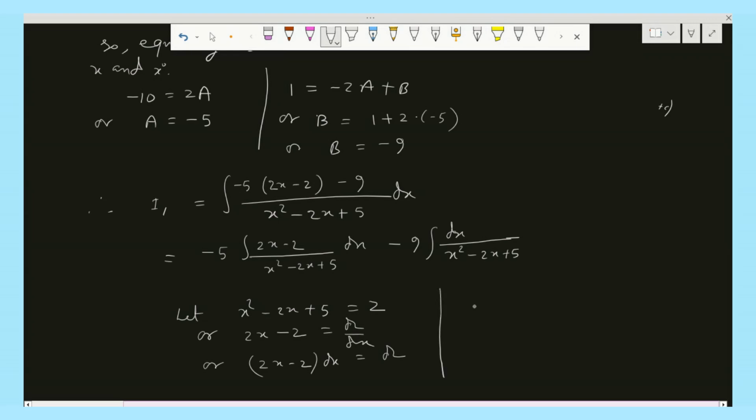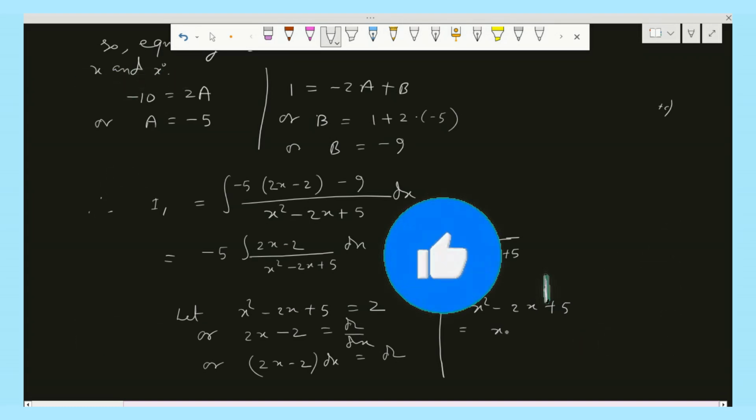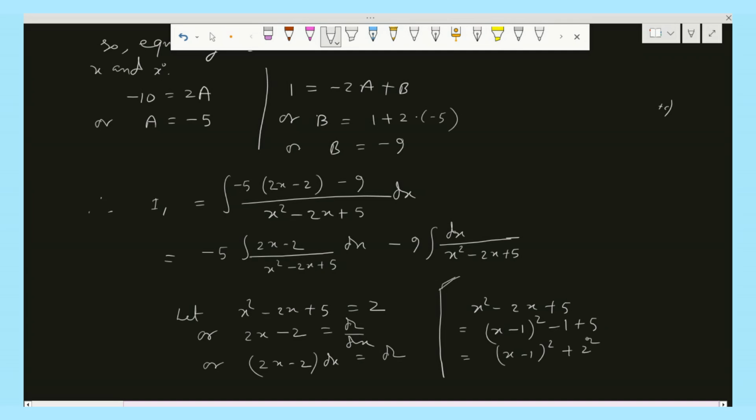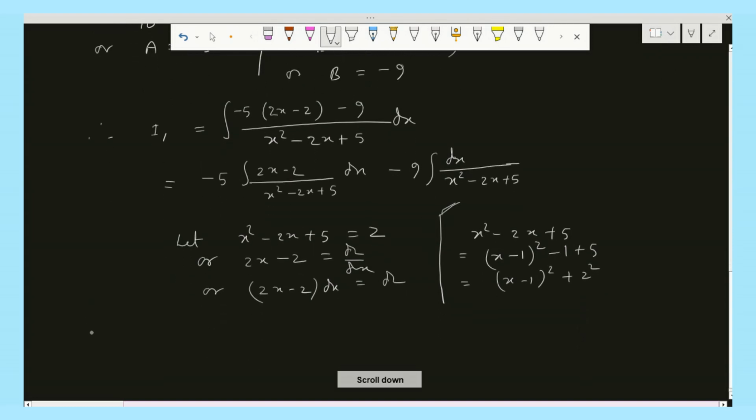For the second part, write x square minus 2x plus 5 as x minus 1 whole square minus 1 plus 5, that is x minus 1 whole square plus 2 square.